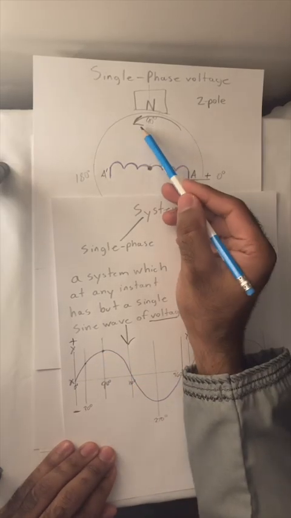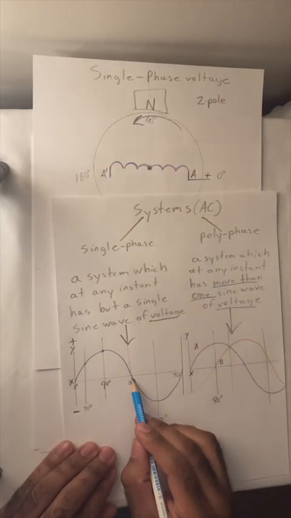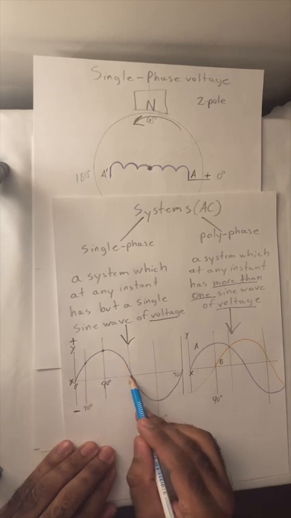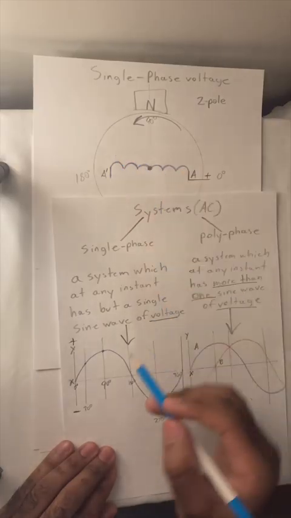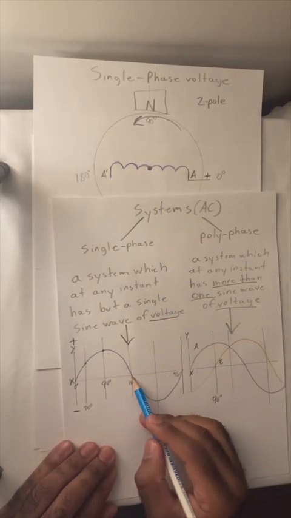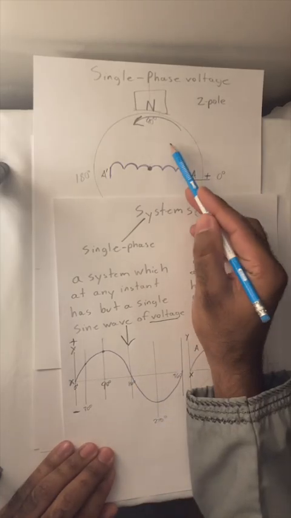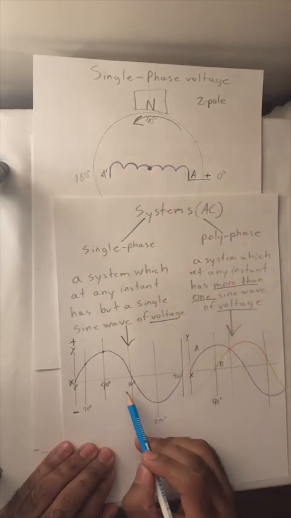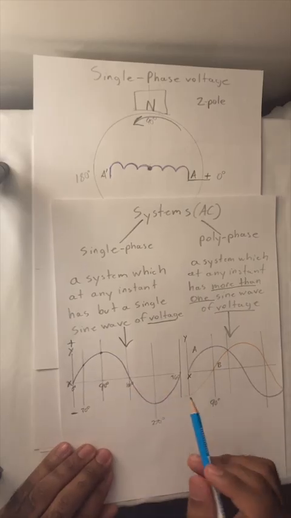When A continues through its cycle to 180 degrees, it begins to reverse and become less, and it approaches 0. At 180 degrees, it is going to be 0. That is when A rotates all the way here, and now it would be in this location. It would be considered 0 volts at 180 degrees.